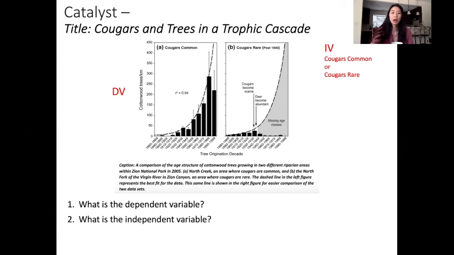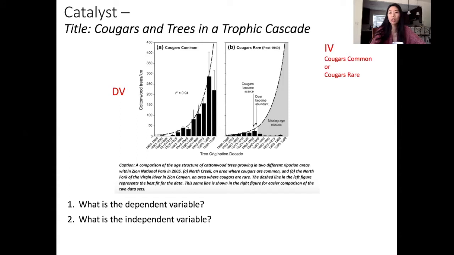The other common answer that I got was a lot of you wrote the year or the time, and that's because you remember when we talked about this, a lot of times the x-axis is your independent variable, but in this case that doesn't really apply. Sometimes it will be the independent variable, but not always.